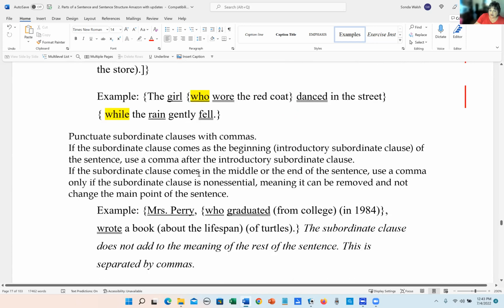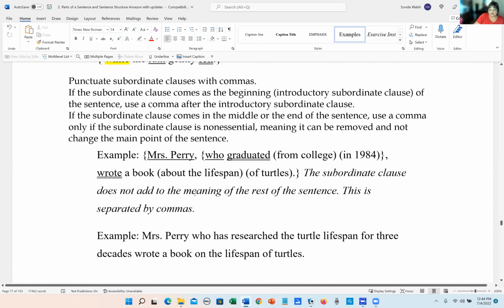If the subordinate clause comes in the middle or the end, you use a comma if the subordinate clause is non-essential. That means if you can remove it and it doesn't change the meaning of the sentence, it's non-essential. For example, Mrs. Perry, who graduated from college in 1984, wrote a book about the lifespan of turtles.